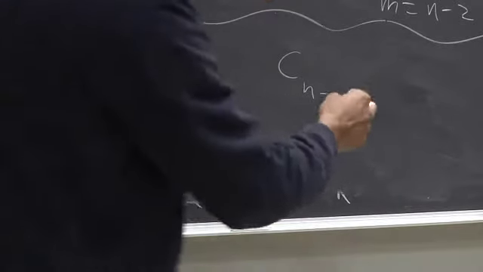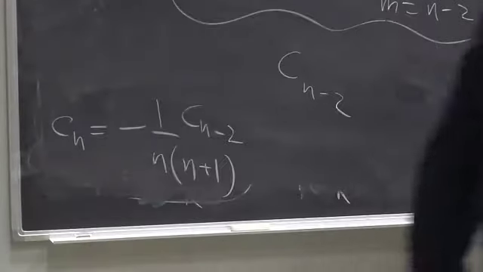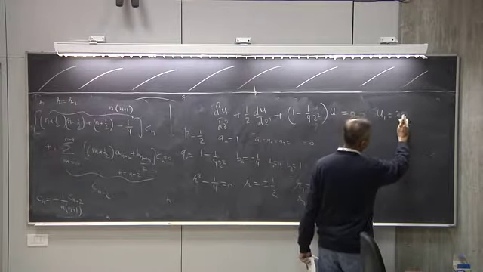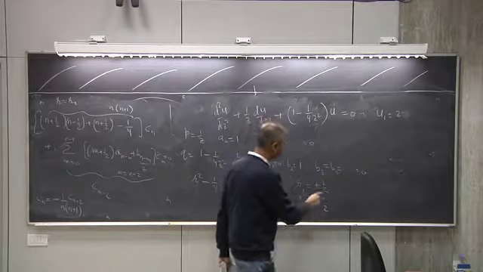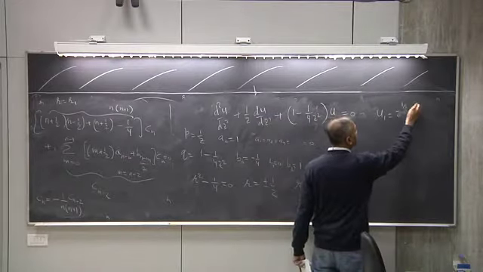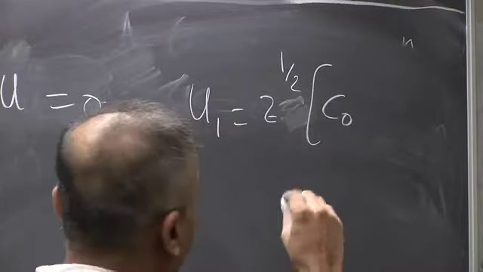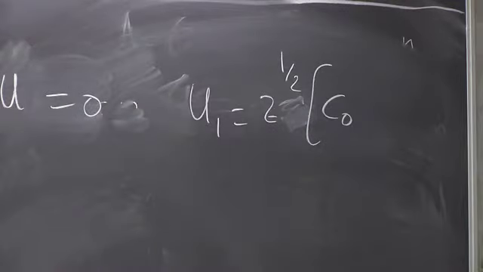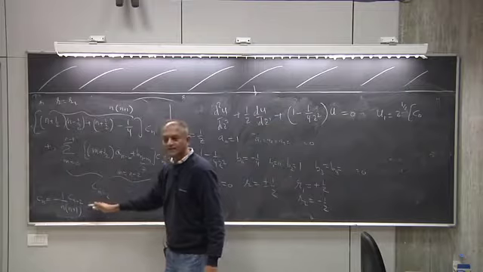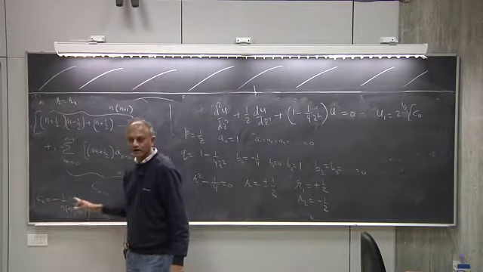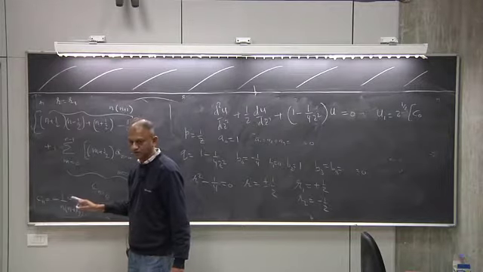Now, if I write our solution u1 as (z minus z0) to the power of 1/2 times C0, where C0, remember, is not 0, then what this relation is telling me is the relation between all the even terms. So C2 will be related to C0, then C4 will be related to C2, and so on, right?